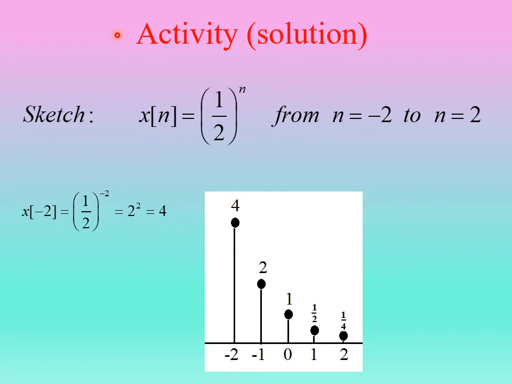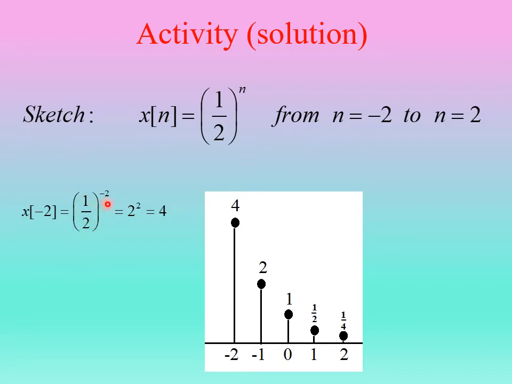So here's our solution. Let's start at n equal -2. So we have 1/2 to the -2 power. Remember, a negative exponent means you take the reciprocal of whatever you're raising. The reciprocal of 1/2 is 2.